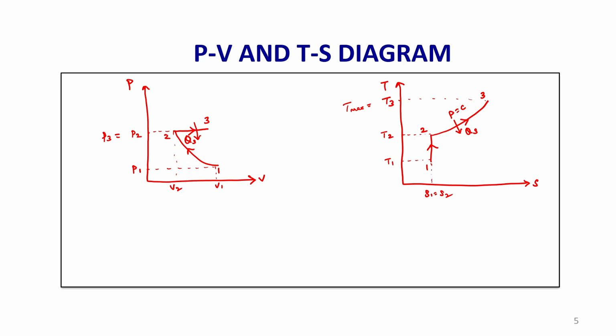Now, reversible adiabatic expansion. So, similar to process 1 to 2, where entropy is constant, S3 is equal to S4. And here the trend of the curve will be similar to 1 to 2.